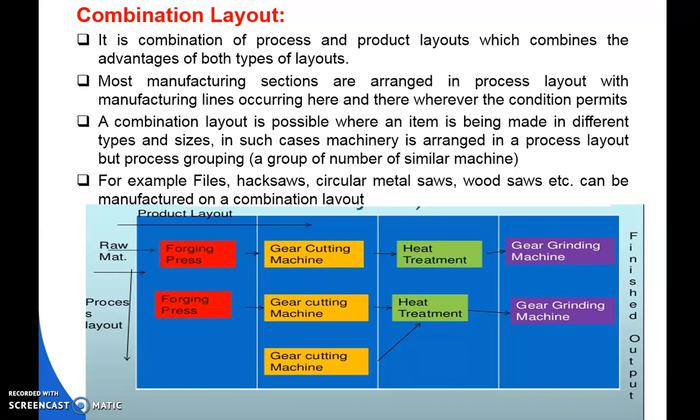As shown in the figure, we have a combination layout for a gear manufacturing industry. A gear manufacturing industry requires 4 machines: a forging machine, gear cutting machine, heat treatment process and gear grinding machine. The raw material is steel.